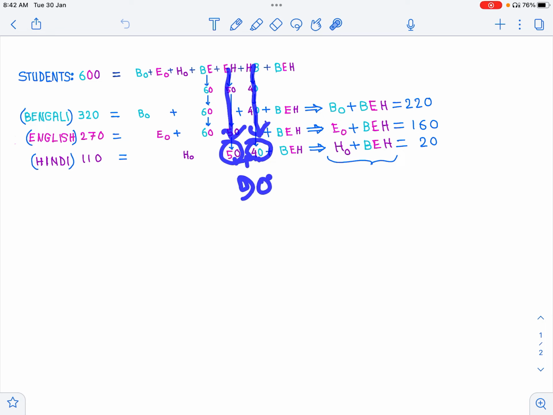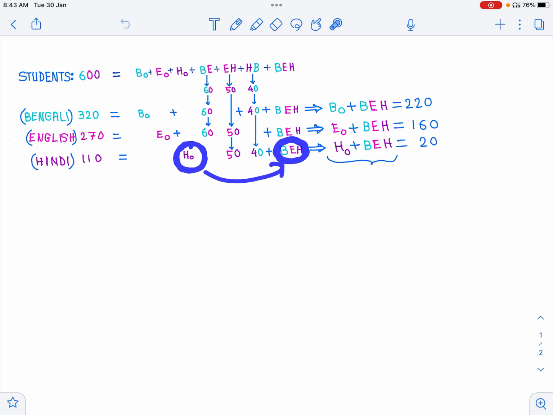If we subtract 90 from 110, then we get 20, and this 20 includes the students who learn only Hindi and also those students who learn Bengali, English and Hindi. The remaining portion, the number of those students who learn Bengali, English, Hindi, and those who learn Hindi only, these two will remain.